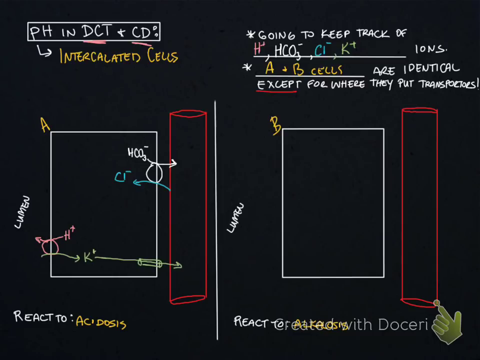So if it's reacting to an alkalosis in the blood, where our blood is basic, a basic pH, where are we going to want our buffer, our bicarbonate, to go? On the luminal edge, right? This way.